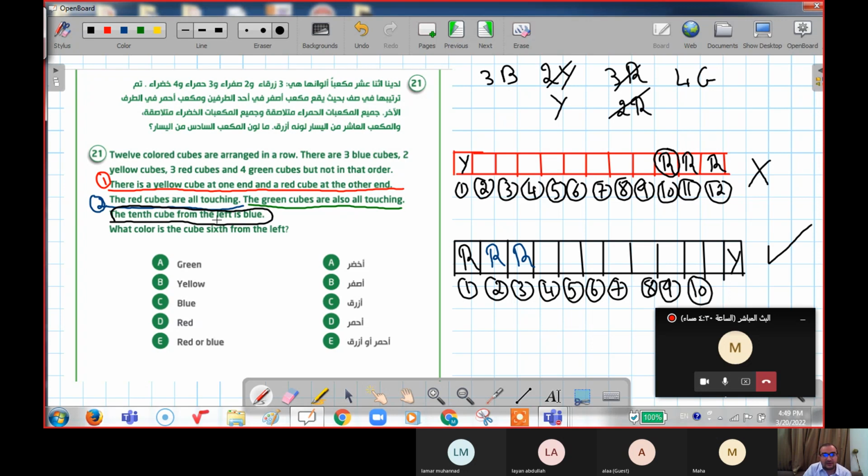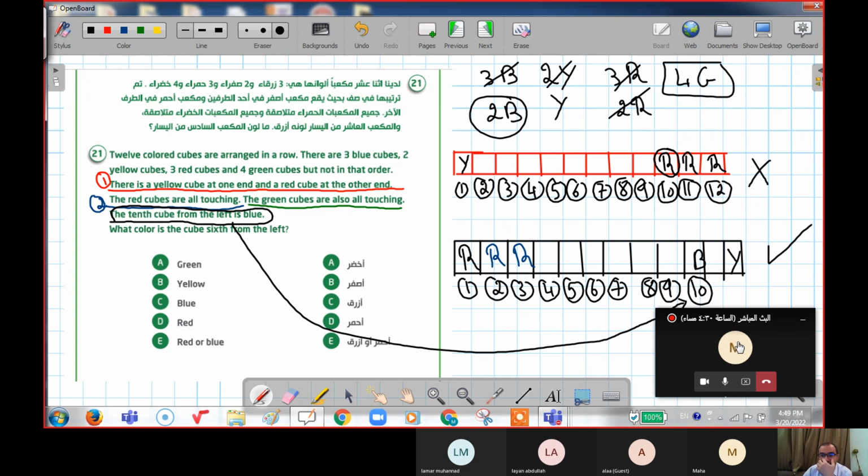So the 10th cube must be what? It must be blue. So this is blue. I have 2 blue and 4 green. Do you understand now?